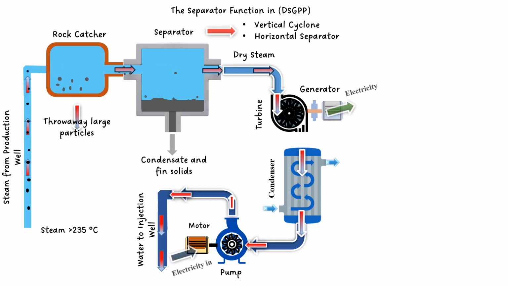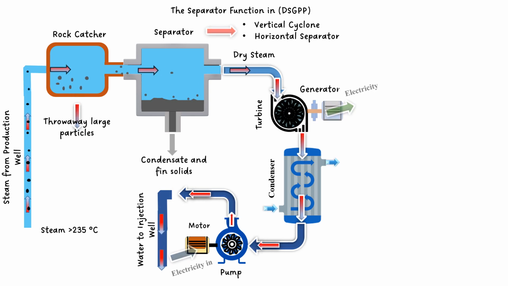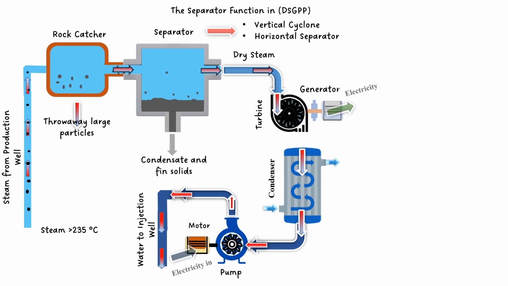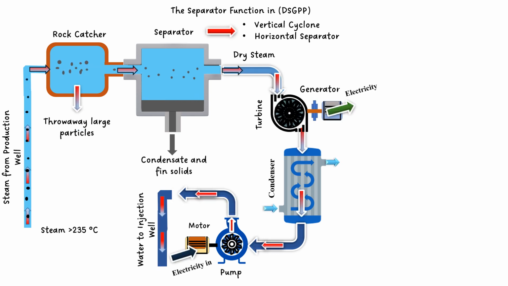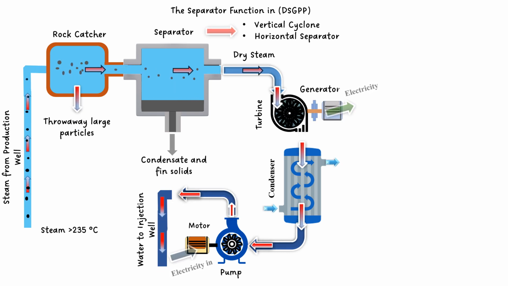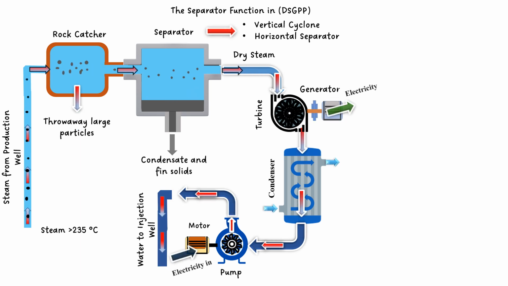and the dry steam will pass through a turbine which turns these blades and a rotor to produce electricity with the help of a generator, and the steam then at low pressure will pass through a condenser, a heat exchanger, which condenses the steam by using cooling water coming from a cooling tower or lake or any other source of cooling water, and the condensate will be pumped through a pump which returns the condensate to the injection well.